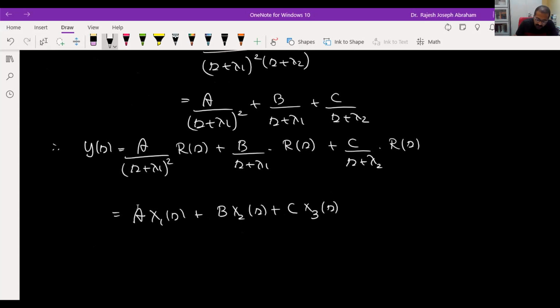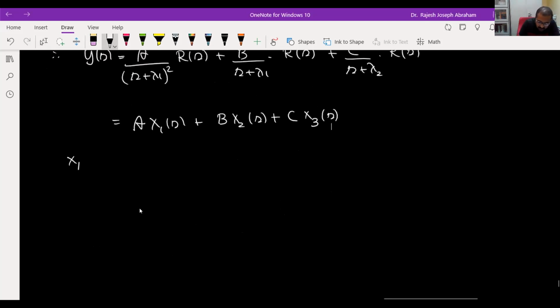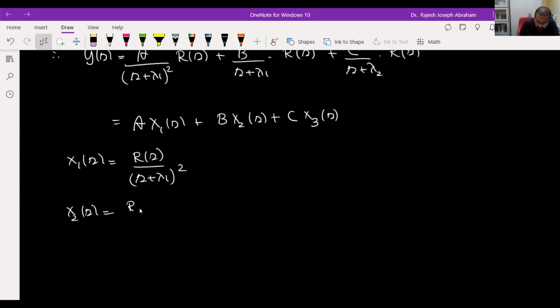Where, so what will be my x1 of s from this? X1 of s will be R of s by s plus lambda 1 whole square. What is x2 of s? R of s by s plus lambda 1. And what is x3 of s? R of s divided by s plus lambda 2.